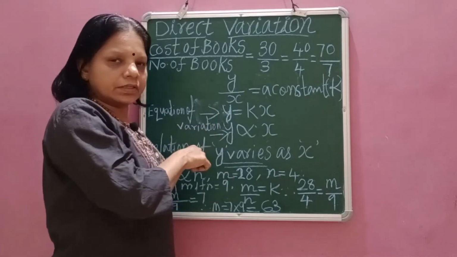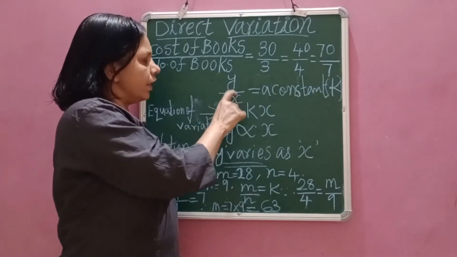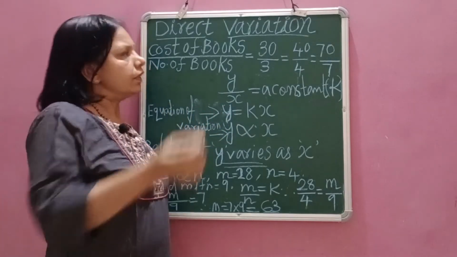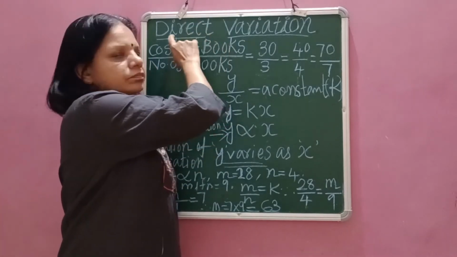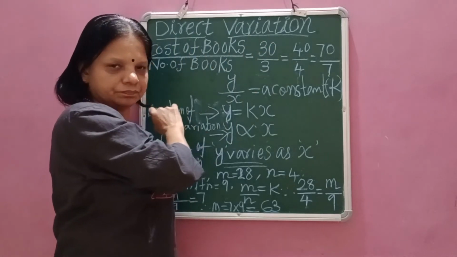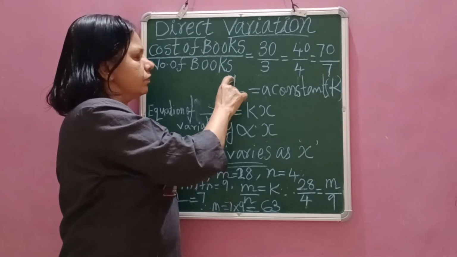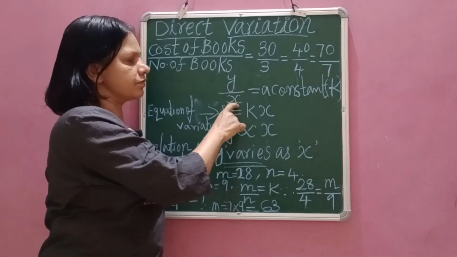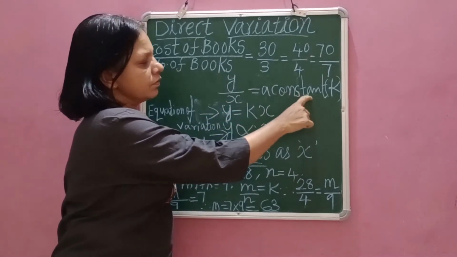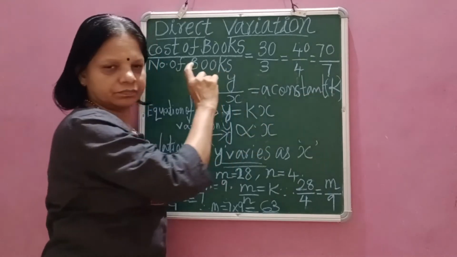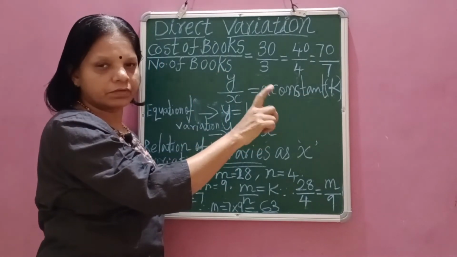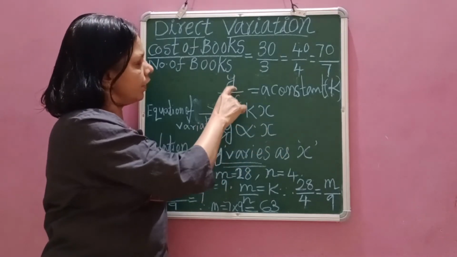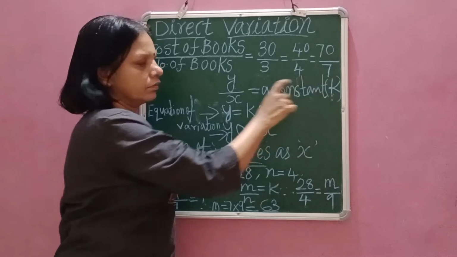So here in general, if y and x are any two quantities in direct variation, then the ratio of y and x, that is y upon x, will be a constant, say k. What does k represent? It is not a variable, it is a constant. So y upon x equal to k.